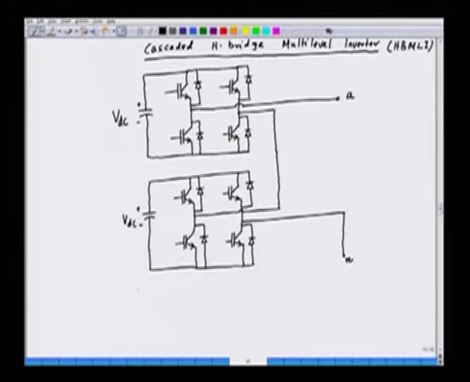Now, if we have the structure like this, what are the possible output voltages that we can have? This VDC and VDC can add. So, if we add VDC and VDC, we get 2 VDC. So, we have the first possibility that we can have 2 VDC.